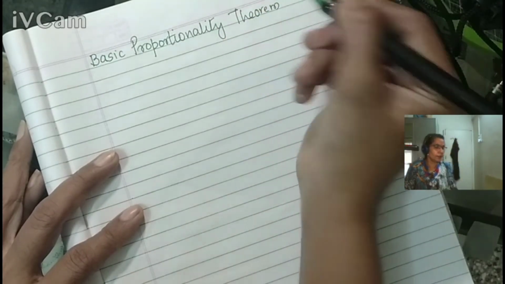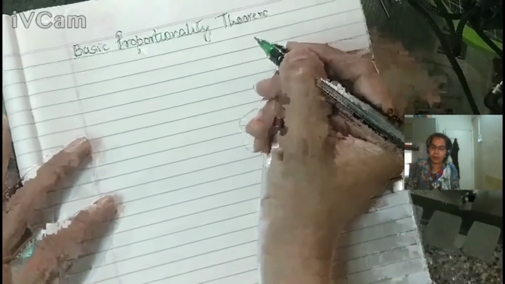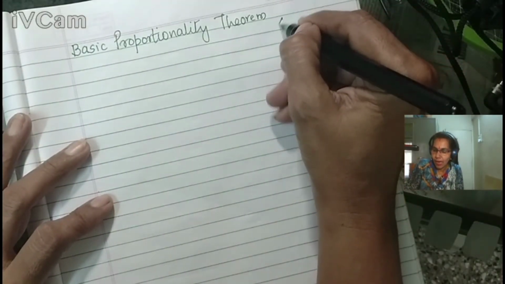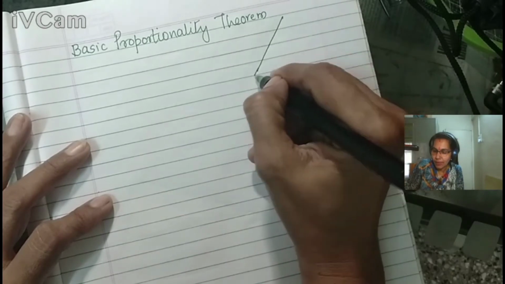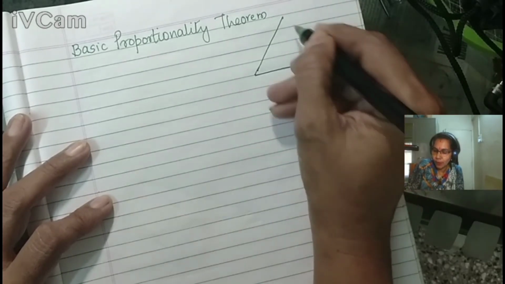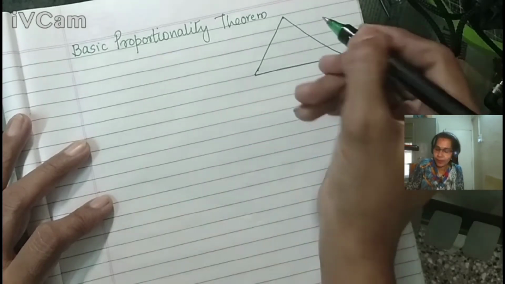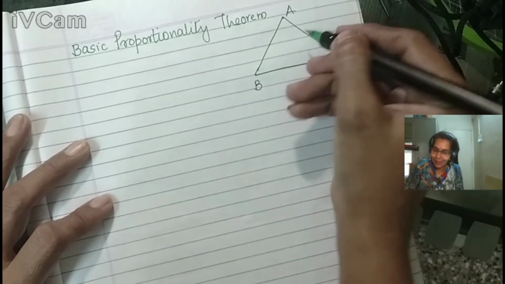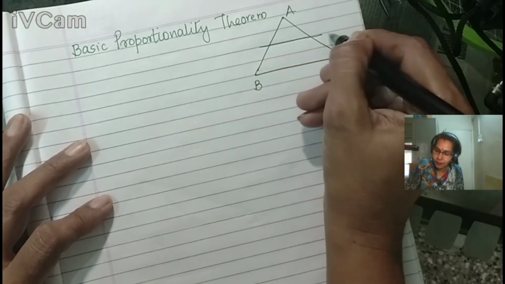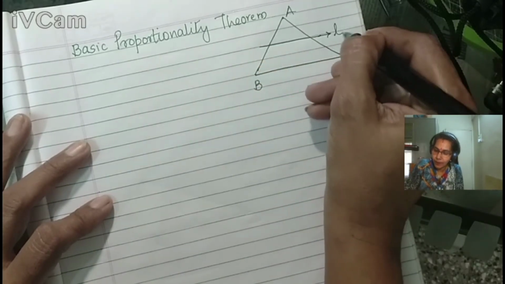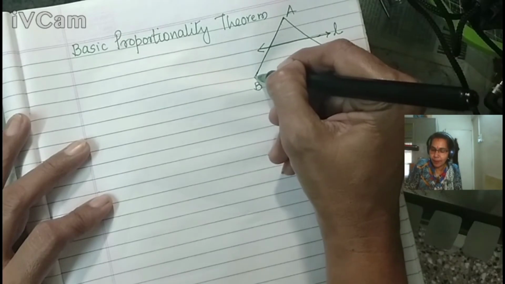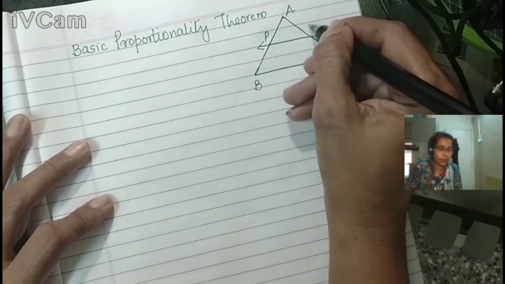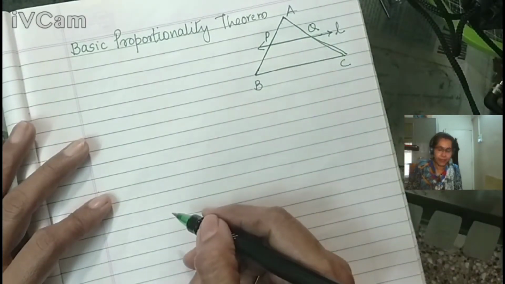In case of theorem, you have to be specific in constructing the same figure and the same names as shown in the textbook. We have triangle ABC. Line L is parallel to BC. It intersects AB and AC at P and Q respectively.